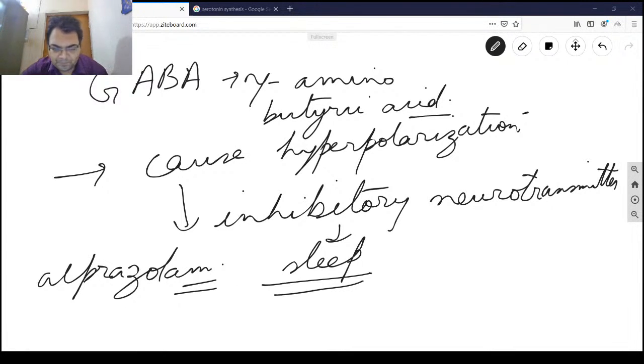Then next, we can talk about neuropeptides. Neuropeptides are large neurotransmitters. They are polypeptides, not one amino acid, not simple small molecules.